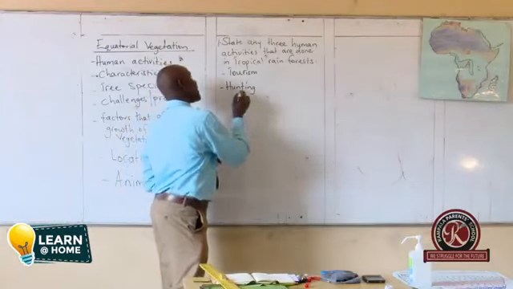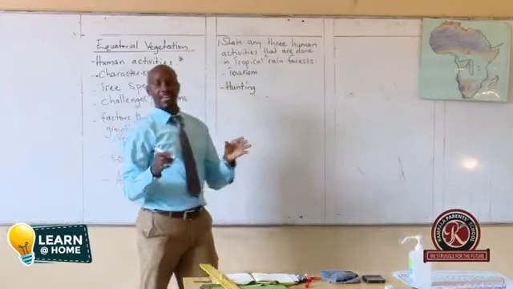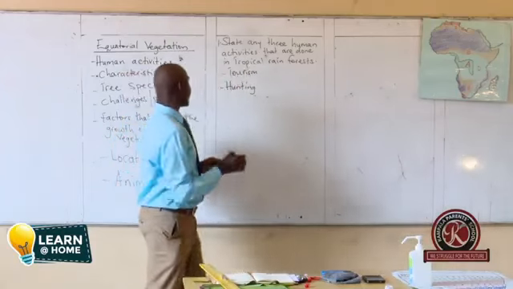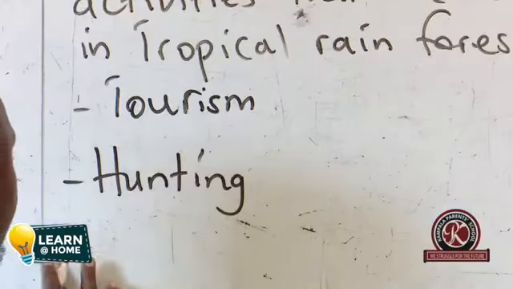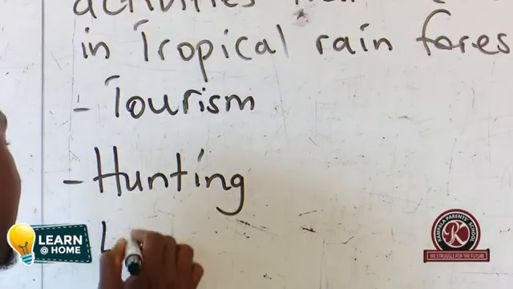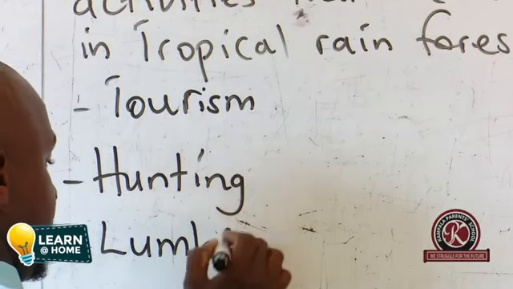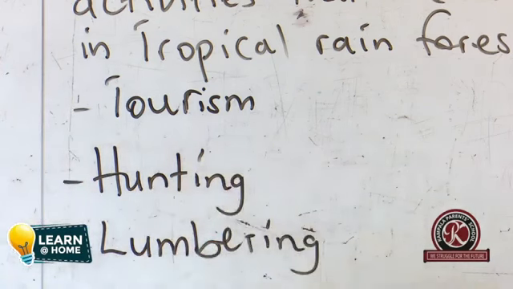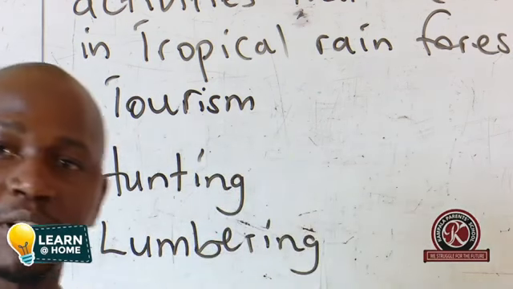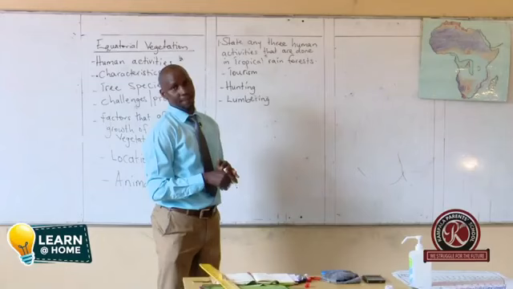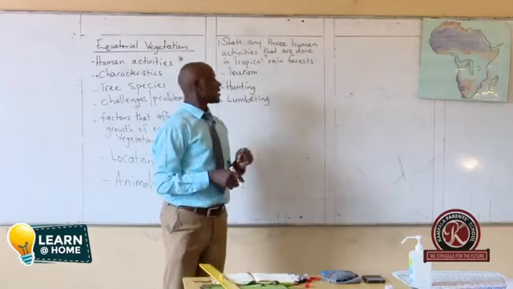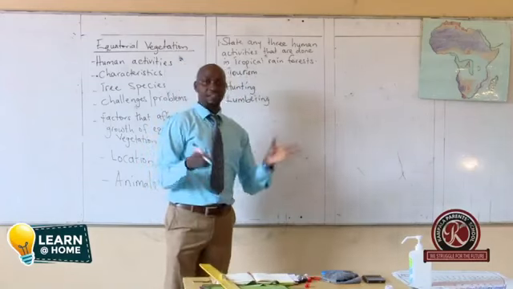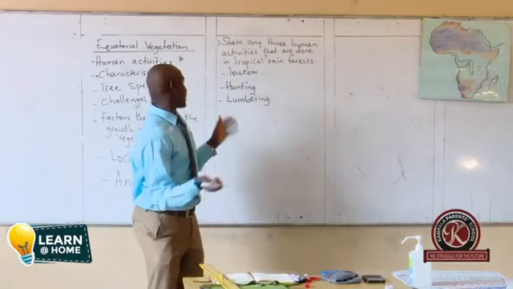Then the main economic activity done in the equatorial rainforest is lumbering. The main one is lumbering. And lumbering is the cutting down of mature trees for timber. Then tourism is the act of visiting places for leisure and study purpose.